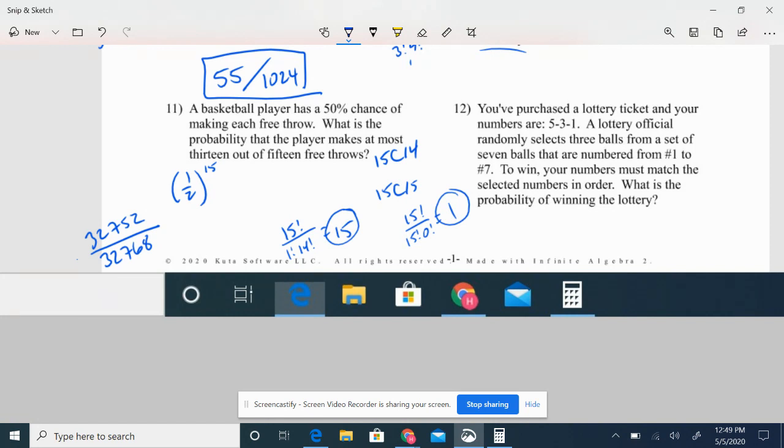Let's see, I can divide each by 16. And I get 2047 over 2048. Simplify my fraction as much as I can.